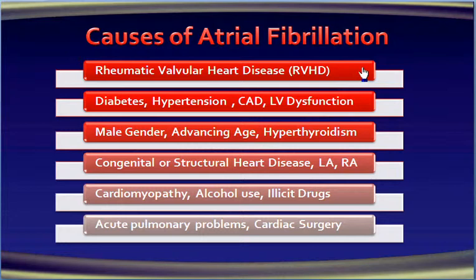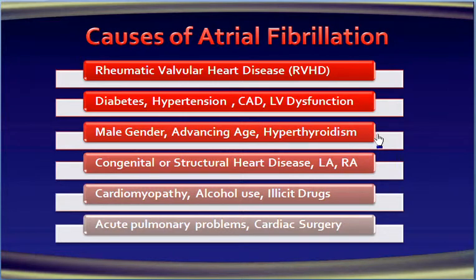For us, of course, rheumatic valvular heart disease nonetheless is still very much there with us, and we have atrial fibrillation due to RVHD. The other cardiometabolic diseases like diabetes, hypertension, coronary artery disease, left ventricular dysfunction, they contribute to atrial fibrillation in a majority of cases in the Western world and in a great number of cases in our scenario too.